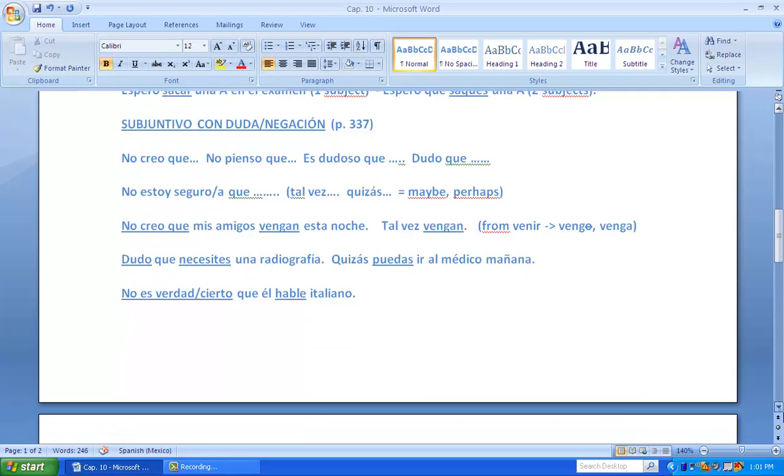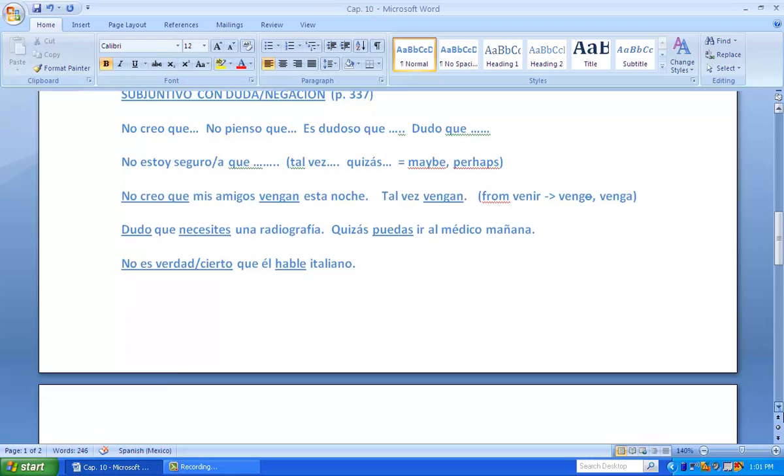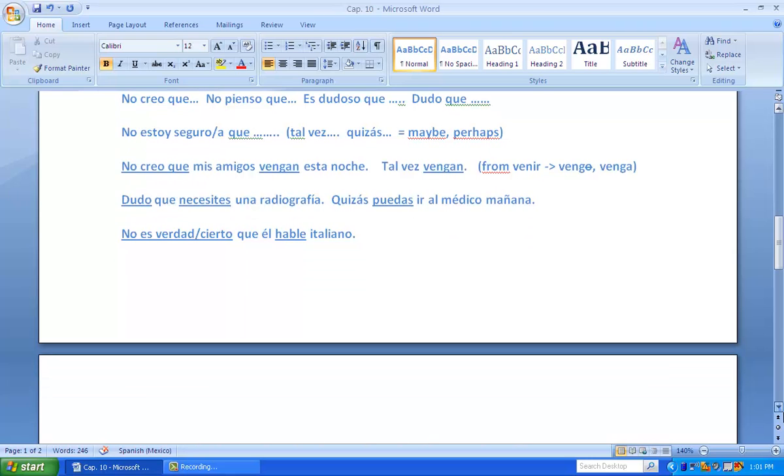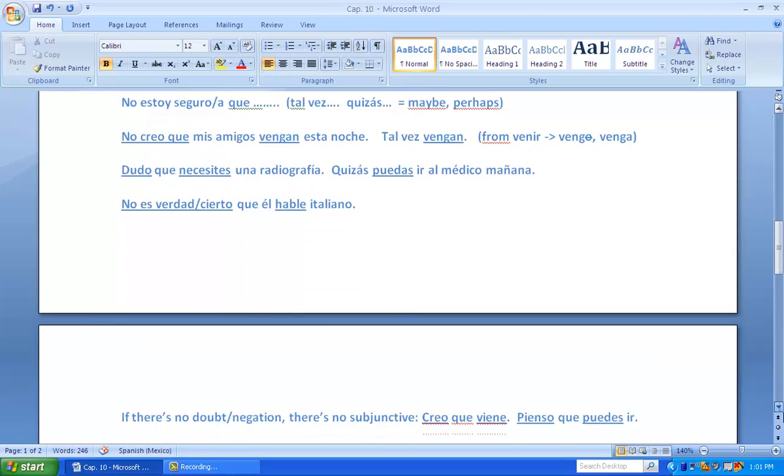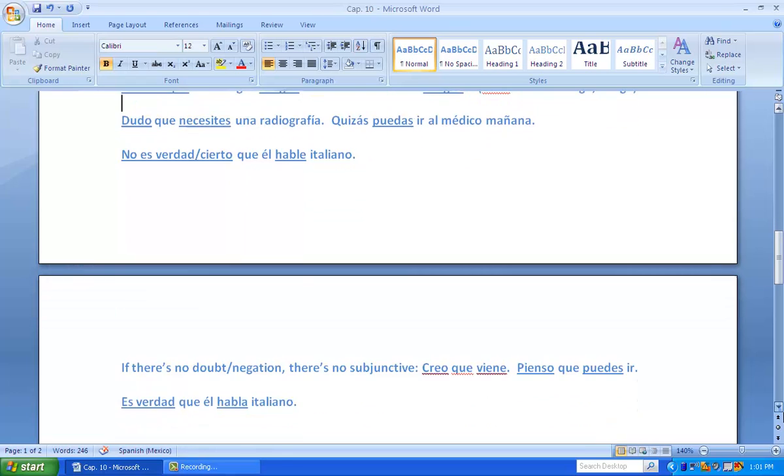Now, the opposite of that situation is also true. If I'm certain of something, if there's no doubt, no uncertainty, no denial, then there's no subjunctive. See here? I think he's coming. Creo que viene. If I believe it, I can use the indicative to indicate that I believe that he's coming.